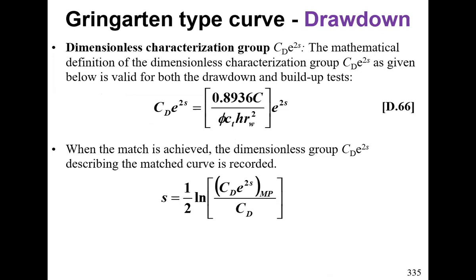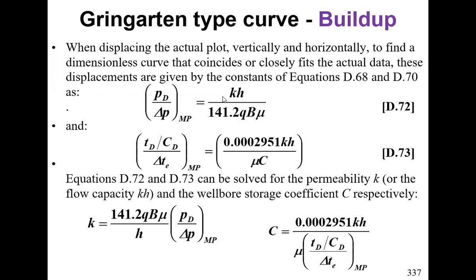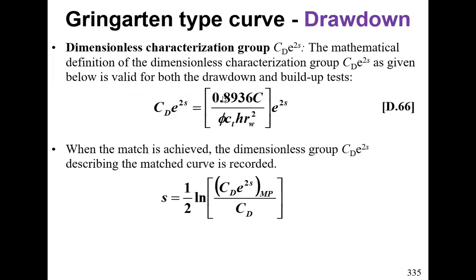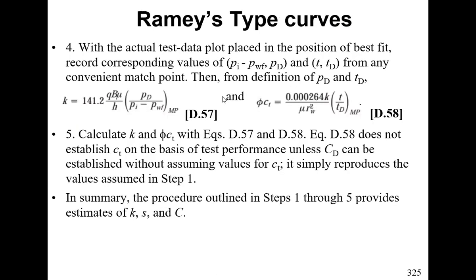The type curves are basically designed for drawdown tests. However, to use them for build-up tests, you would need to use an equivalent time. Let me see, I'm not sure whether I have it here. Okay, I think I have that in an earlier slide.